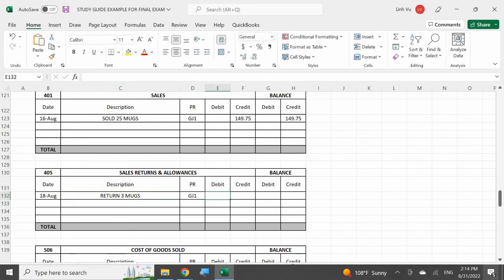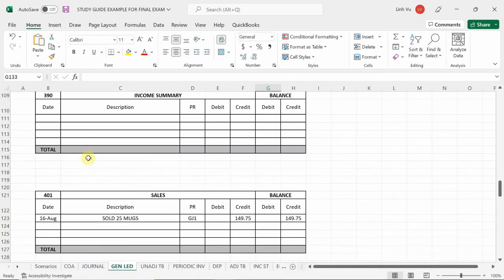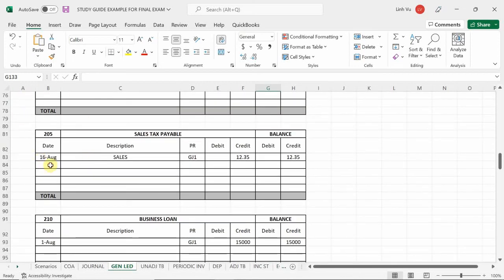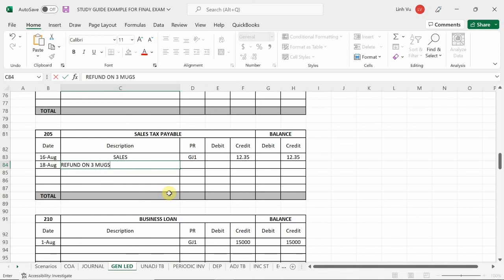Okay. We returned it for $17.97. We have to give a portion of the sales tax money back. So here's sales tax. It's the 18th, which decreased it by $1.48, was it?